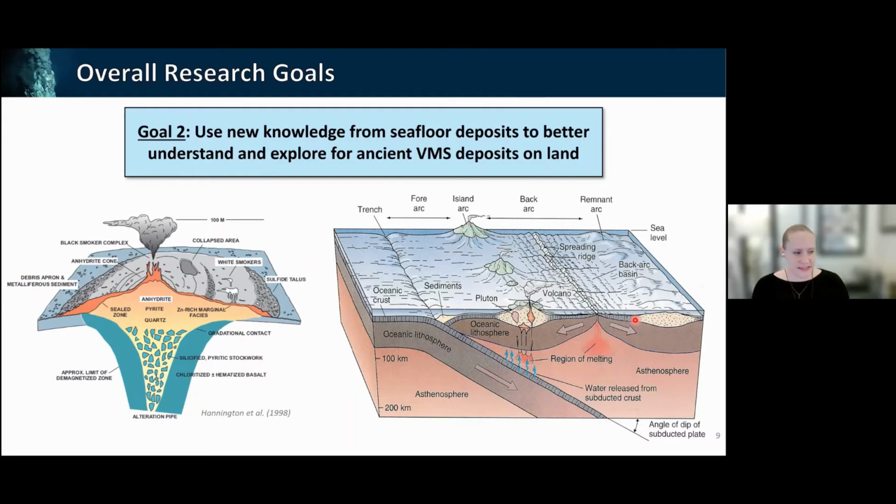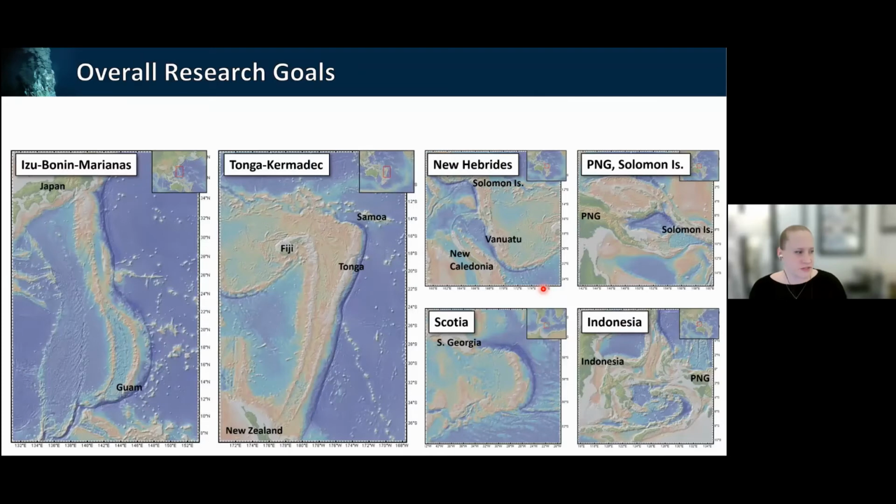So rather than this simple cartoon model, let's just take a quick look at a bunch of different subduction zones. This is some topography or bathymetry of different subduction zones globally. This is just from Geologic Map app. And we can start to see that these actually look pretty complex.